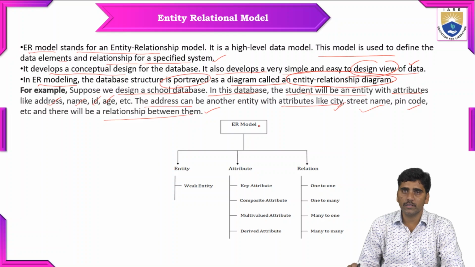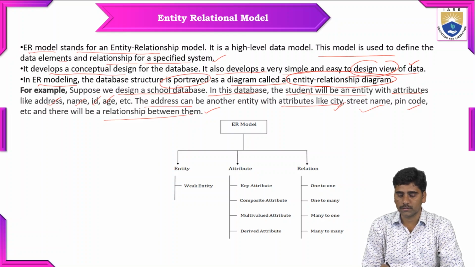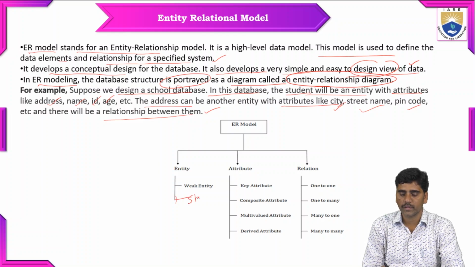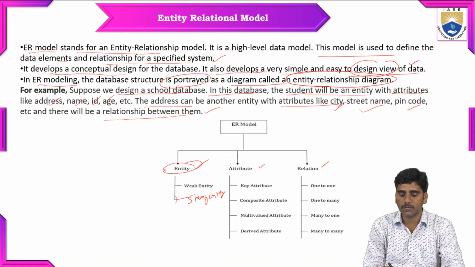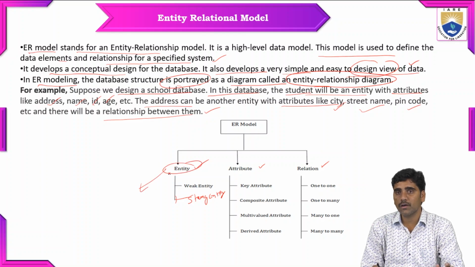So how does the ER model have its structure? There are three types of elements: first, entity; second, attribute; and third, relation. Entity is a physical, real-world object which defines the behavior or the property.